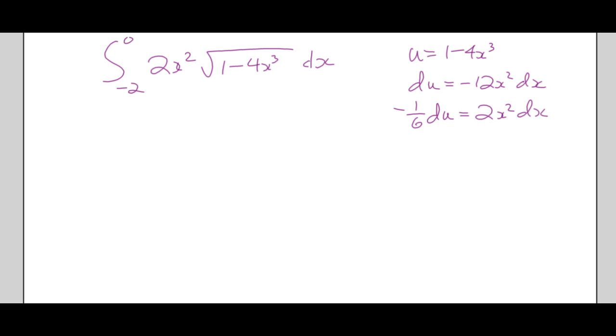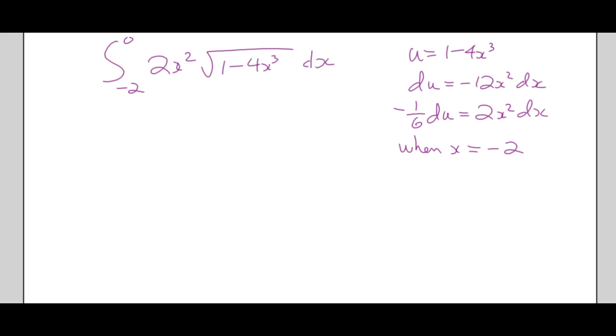Now, here's where something a little different comes in. Our bounds of integration were for x. If we're going to write this in terms of u, then we need our bounds of integration to be for u. So when x is equal to -2, we know what u is.